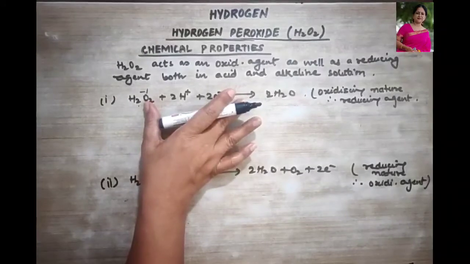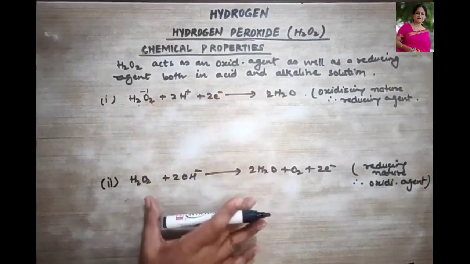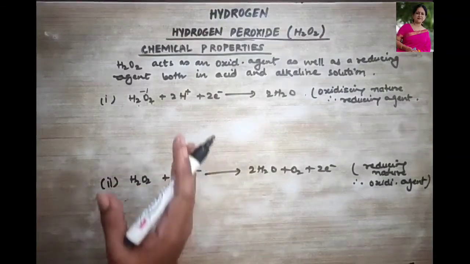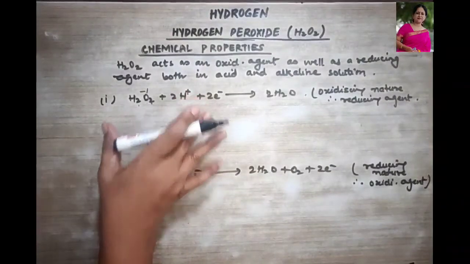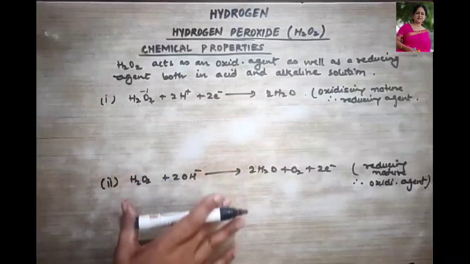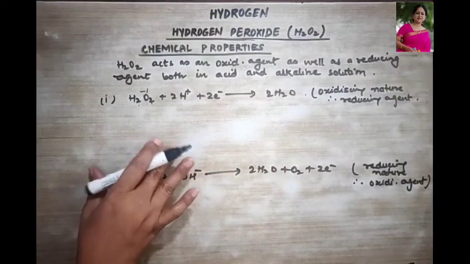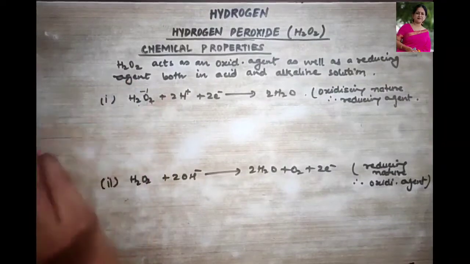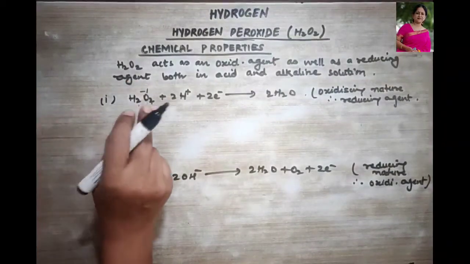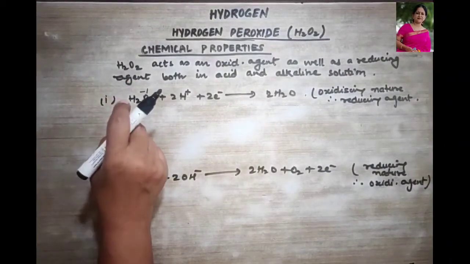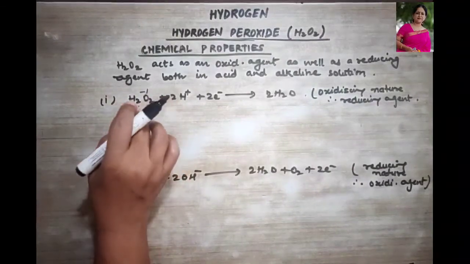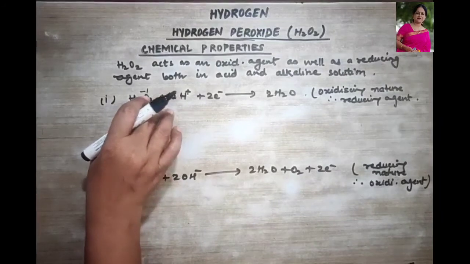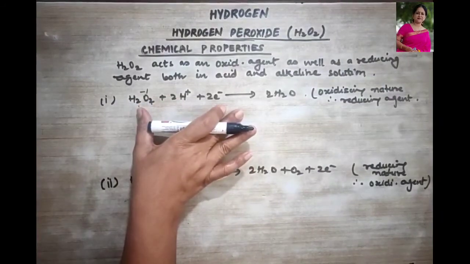Here it is getting oxidized, and here it is getting reduced. So why does hydrogen peroxide get oxidized or reduced? Because it has -1 oxidation state per atom of oxygen, which is the intermediate oxidation state of oxygen. Clear?